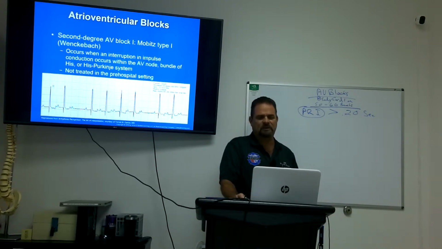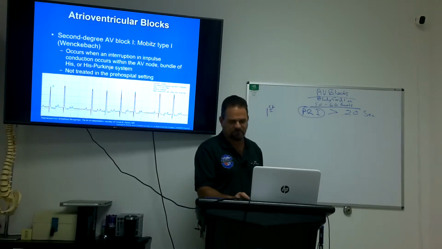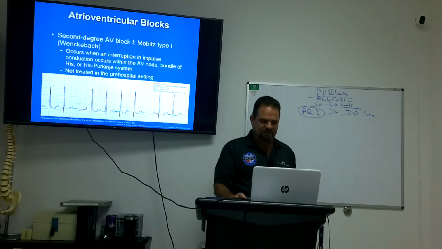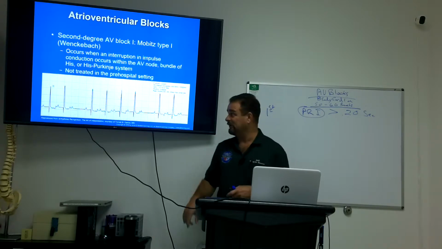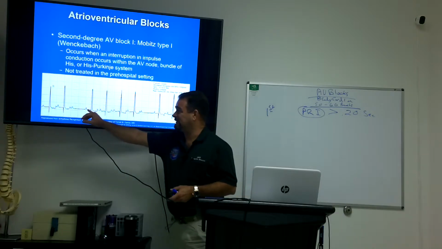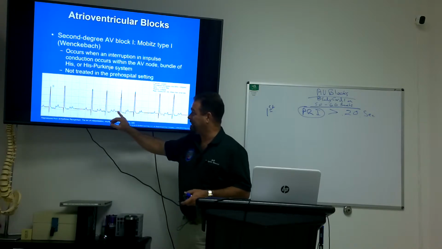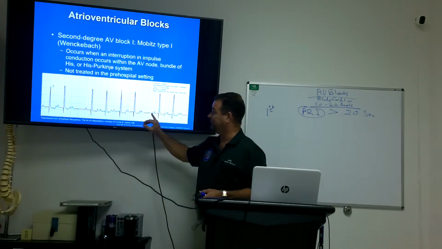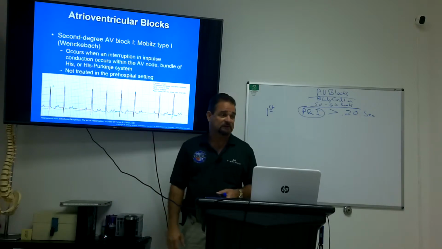The interval between P waves is regular, and an upright P wave precedes each one of the QRSs. The ventricular rhythm is irregular with a prolonged R to R interval, with the last QRS complex before the blocked P wave and the QRS after the first unblocked P wave. If we look at this representation, what distinguishes it is the PRI gets a little longer each time, a little longer, and then boom, there's an absent QRS complex.